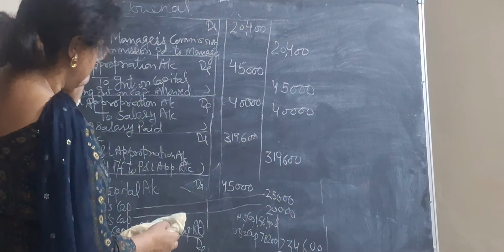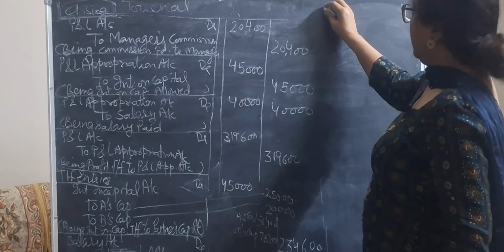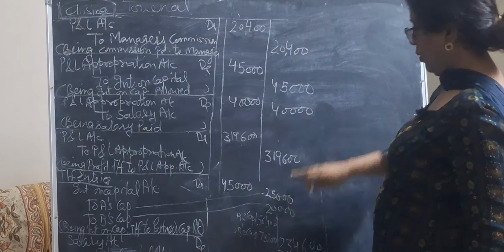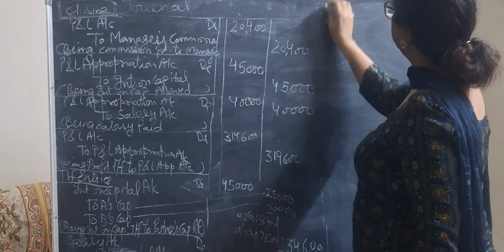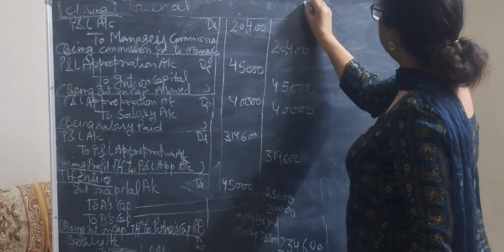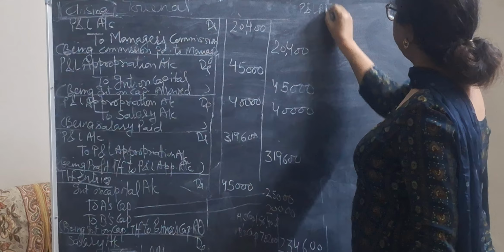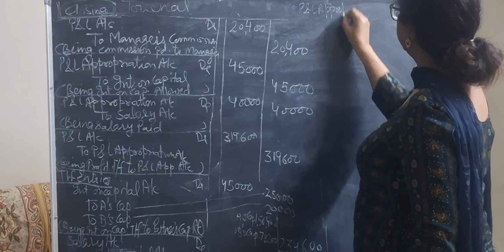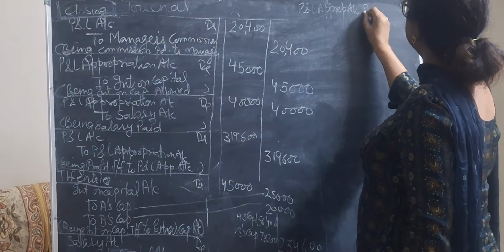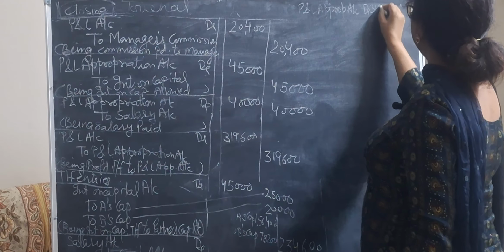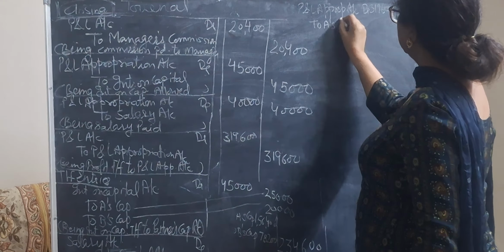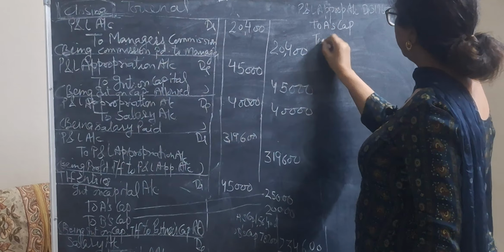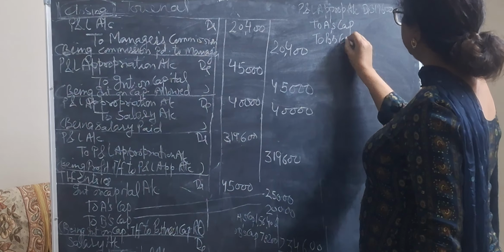Now last entry is related to transfer of profit to A and B's capital. So I'm making the entry here. Now A and B have got the profit. We'll write from where they are getting, P&L appropriation account. So we'll directly write here profit and loss appropriation account debited, it is 3,19,600 to A's capital to B's capital.